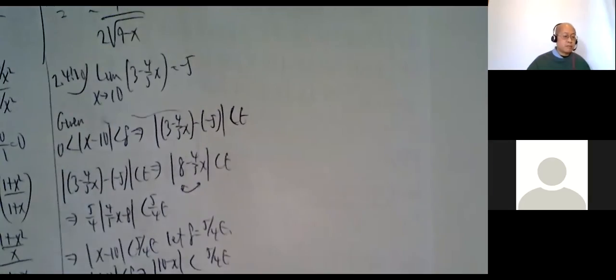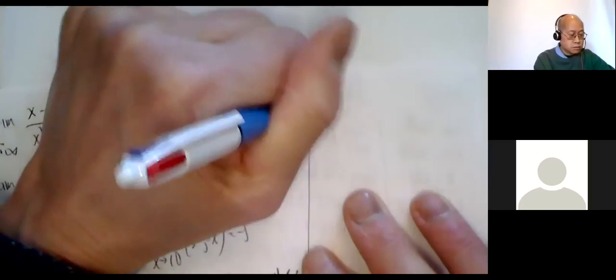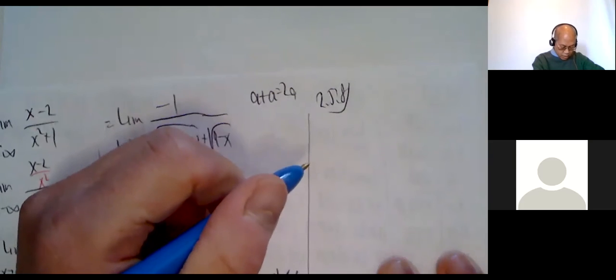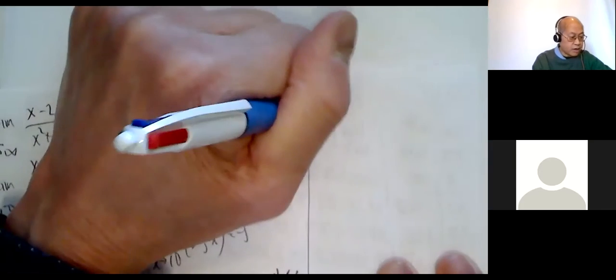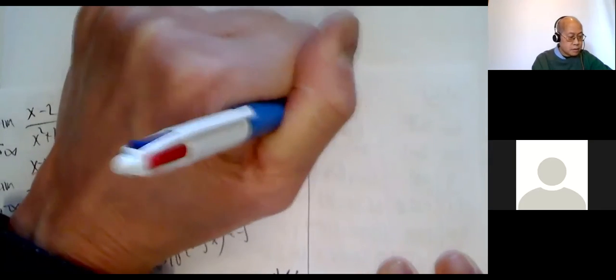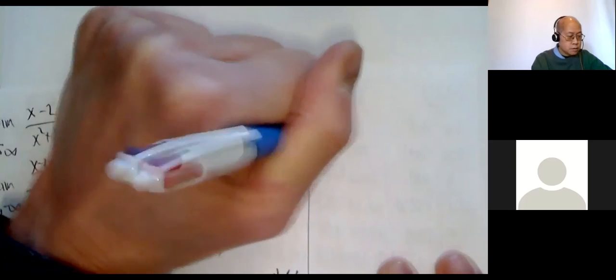Okay, 2.8, number 5. Ah, yes, that kind of problem. 2.8, number 5. I got it backwards. 2.8, number 5.